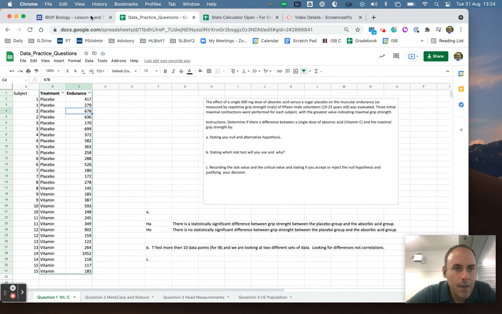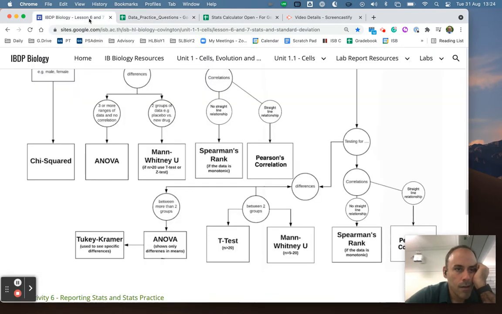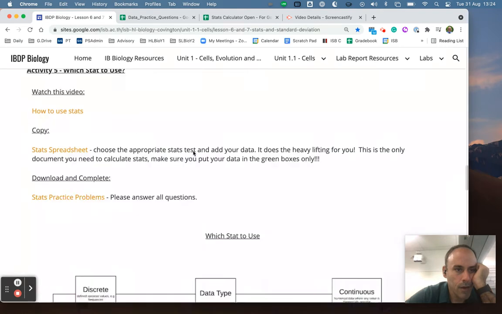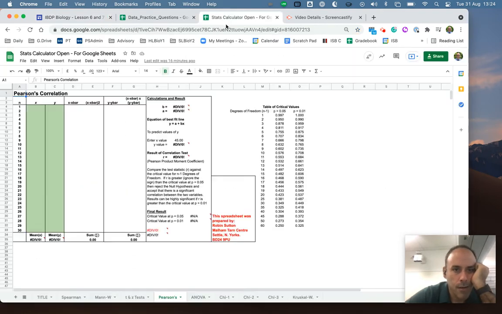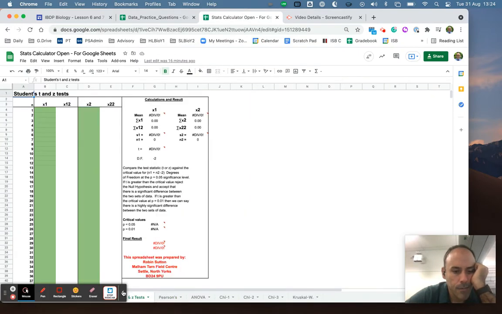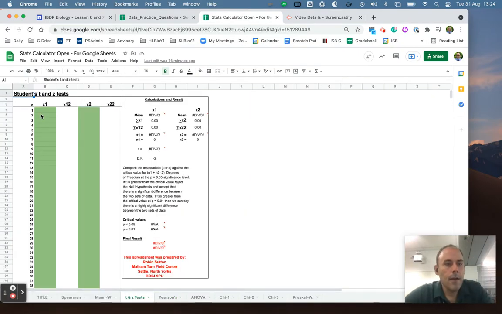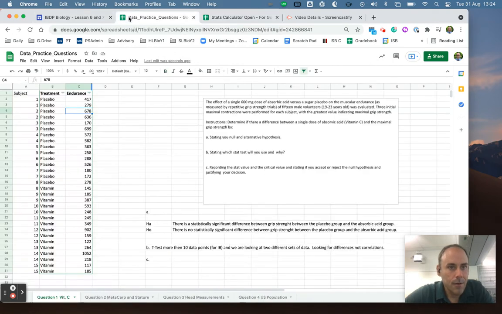Now we need to basically calculate a p-value for our t-test. So we go back, we're going to use the t-test. So we go back here, we make a copy of the stats spreadsheet, and here we go. So we want t-test down here at the bottom. So there we are. And again, we're only going to put stuff in the green. So what I'm going to do is I'm going to copy all the placebo.